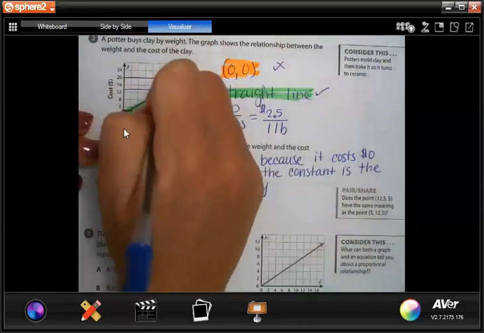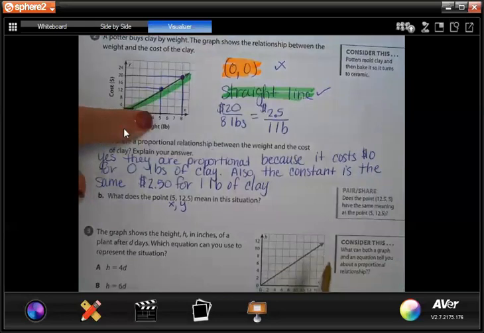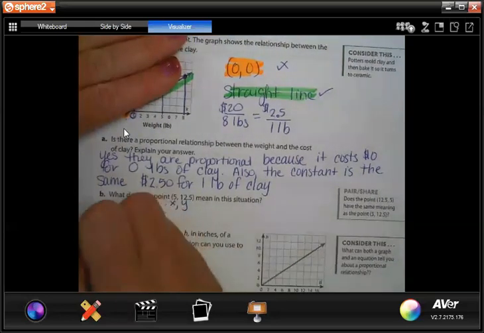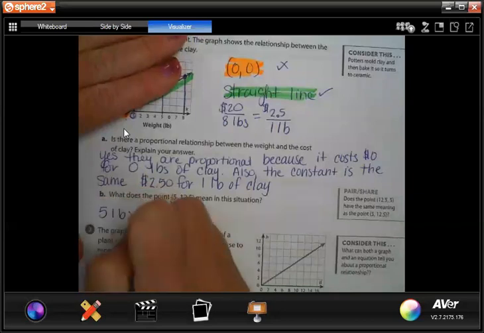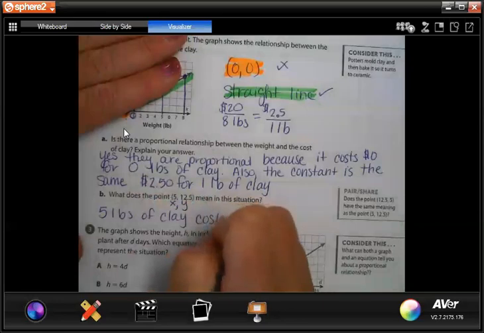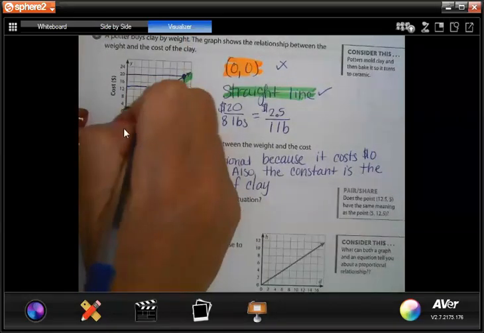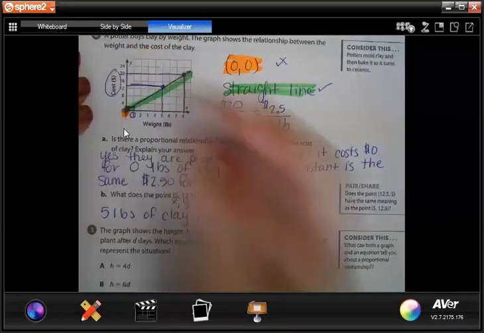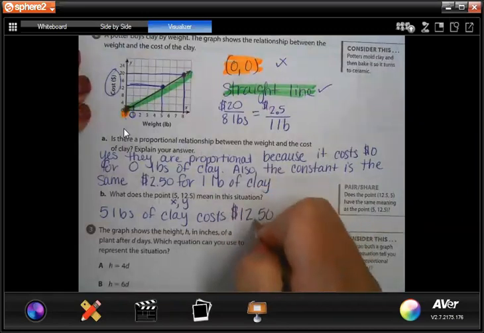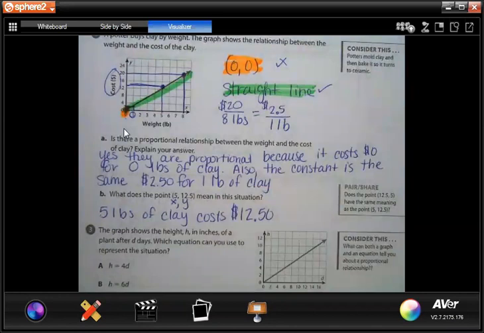The 5 comes from pounds of clay. So 5 pounds of clay costs, because the 12.5 came from the cost, $12.50. So that is what that point means.